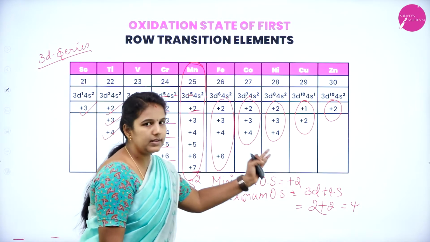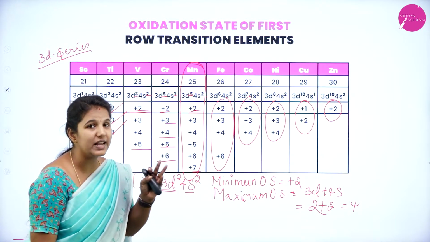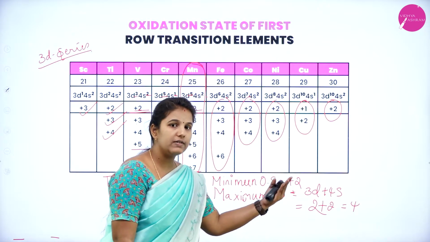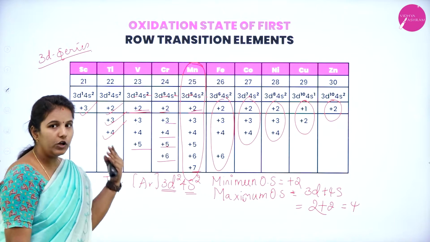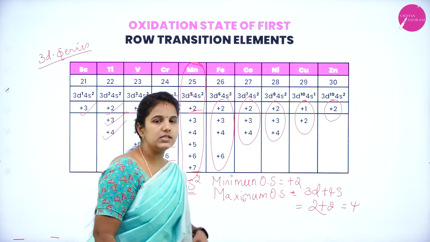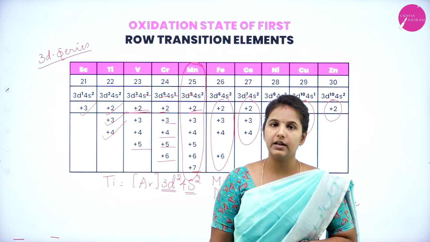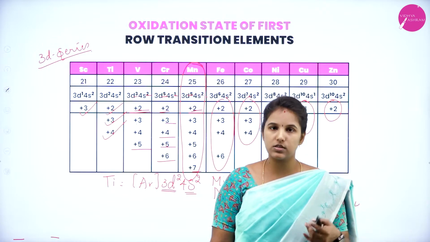After manganese, the number of unpaired electrons becomes less and less. That is why the oxidation state decreases after manganese. But before that, you can see that all these elements show variable oxidation states. So for a 1 mark question, they can ask which element shows the highest oxidation state.